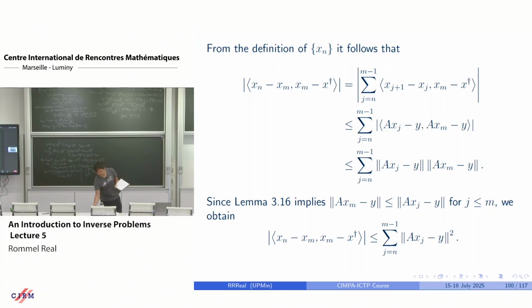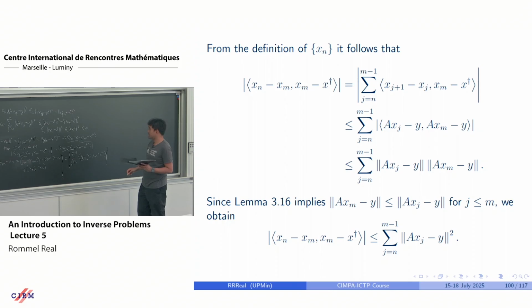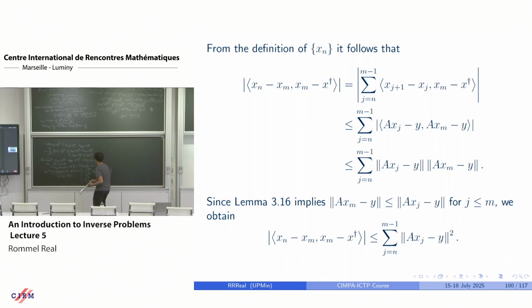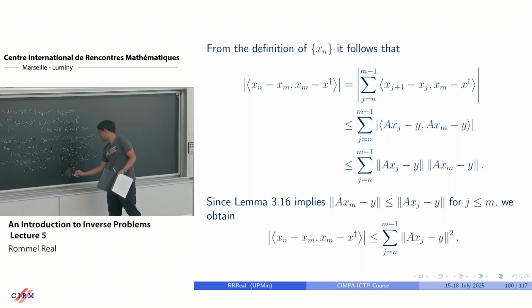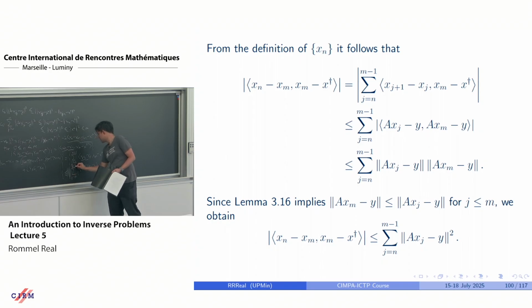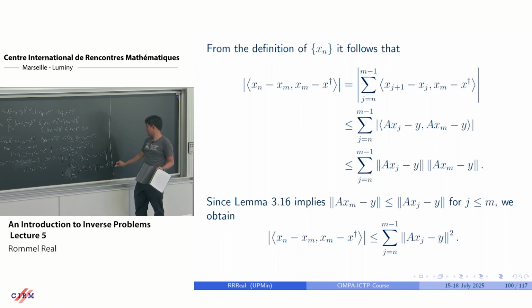And that's how we get the first term over there. And then by applying the definition of the Landweber iteration, as we've seen earlier, and then by taking Cauchy-Schwarz later, but before that, let's just do it step by step. It's safe to apply the triangle inequality now. So this will be less than or equal to the summation of A star times (A x_j minus y). Then we can move the A star to the other side.